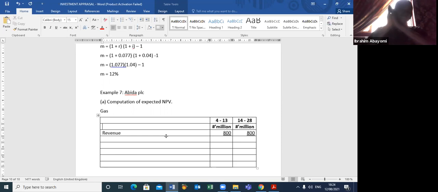After computing my net cash flow in real, I will now go and convert my cost of capital to real as well. It is easy to convert cost of capital from nominal to real than for you to be converting all your cash flows. So what I will tell you is, where all the cash flows and cost of capital are subject to general inflation rate alone, please just leave your cash flows in real and go and convert your cost of capital to real. It is easier that way. That will not waste your time.